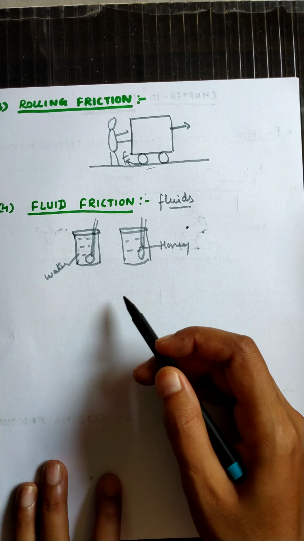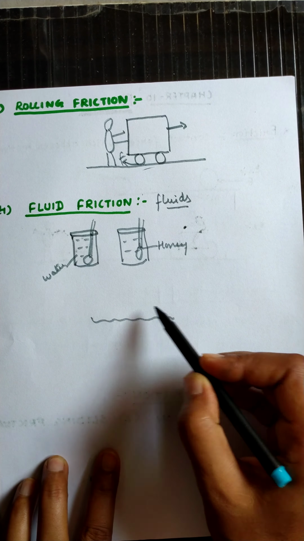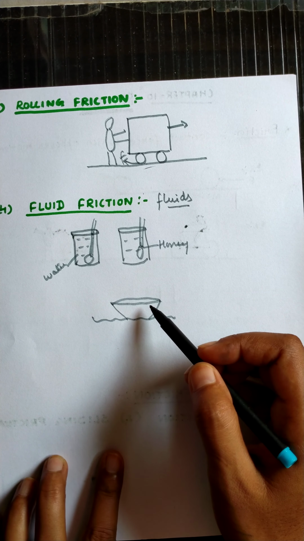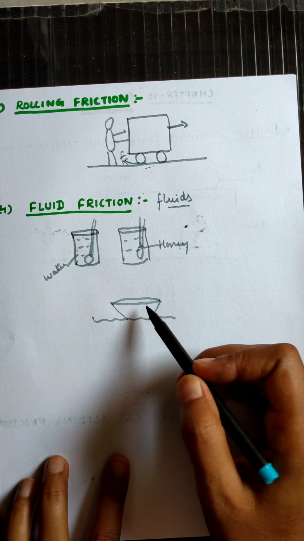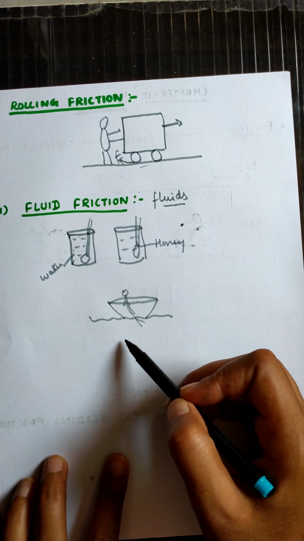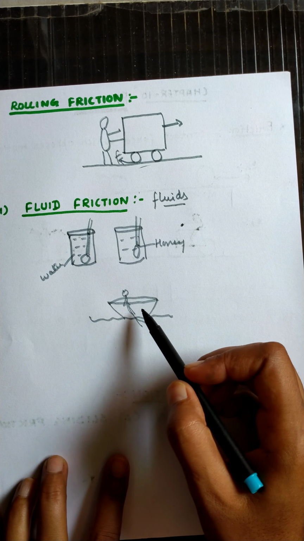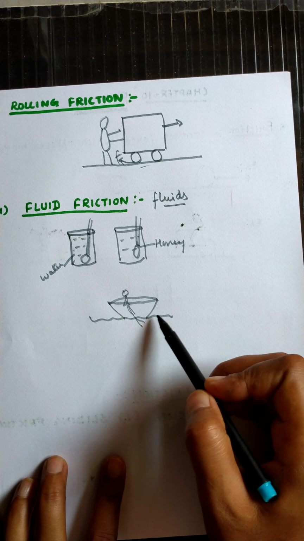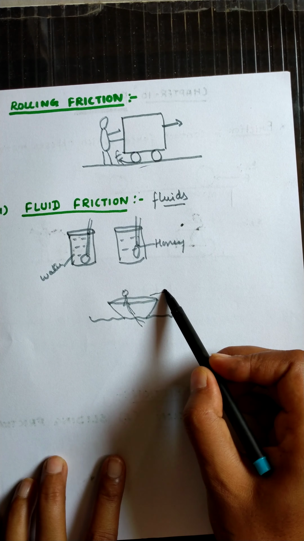Similarly, in the water, suppose this is a boat. If the boatman stops rowing, then friction force is exerted on the boat.